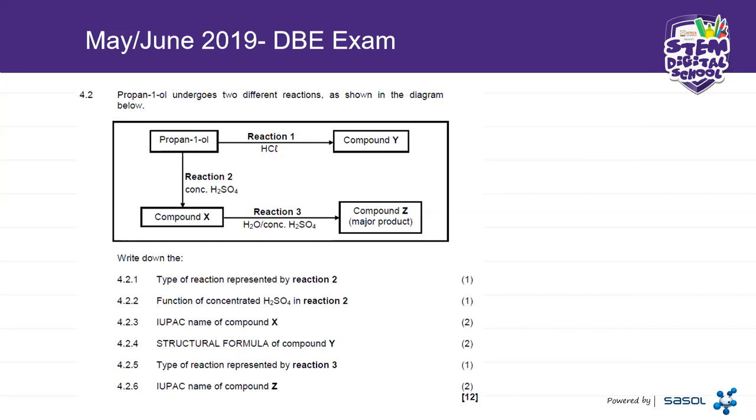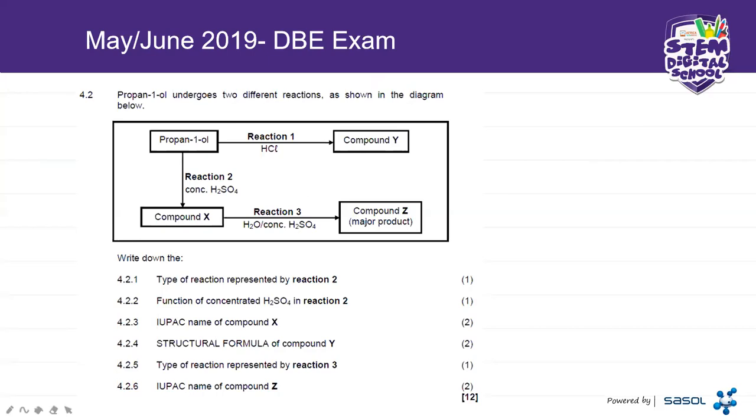So now that we know, 4.2.3, the IUPAC name of compound X. Okay. So we have here our compound X. Okay. So they want to know what's the IUPAC name of compound X. So which means that you're going to draw your propanol with the 3 C's, and then you're going to remove water from it.